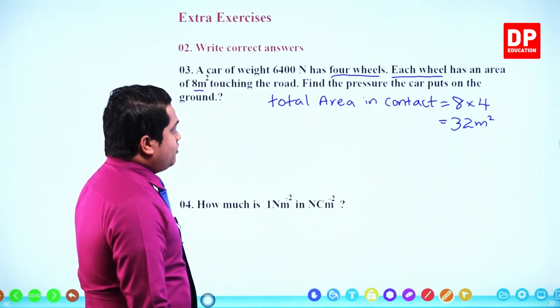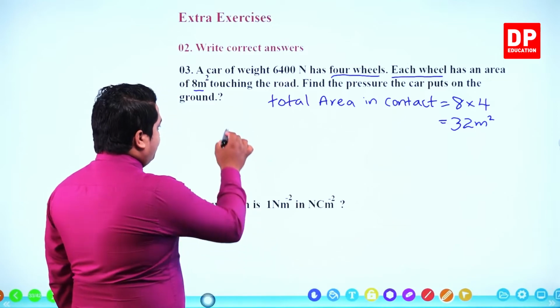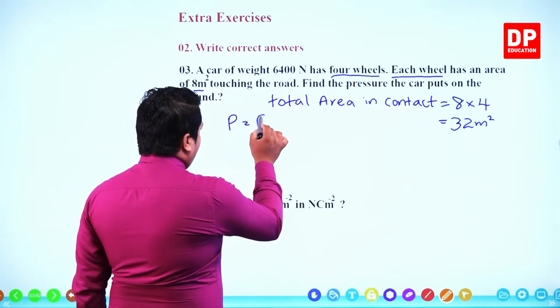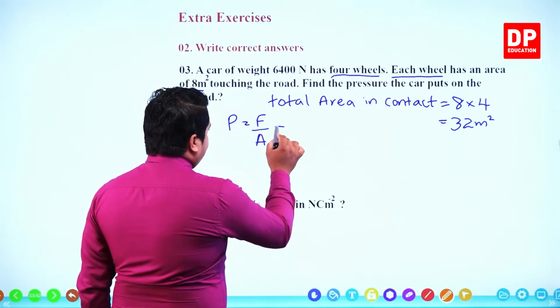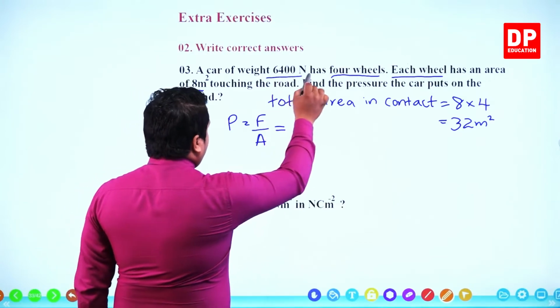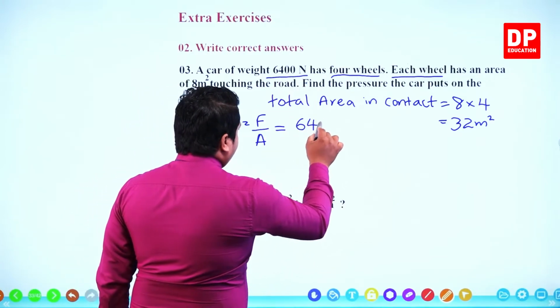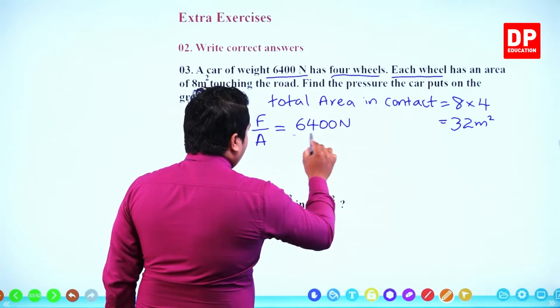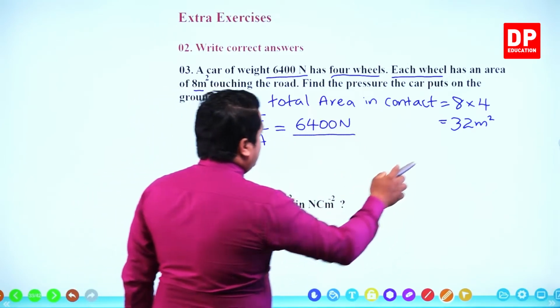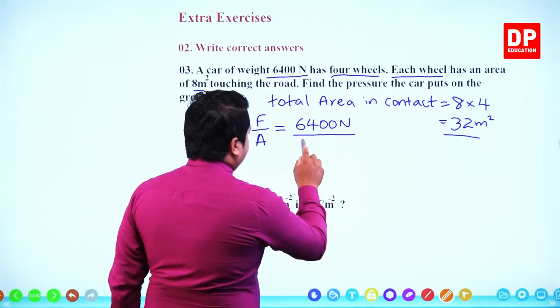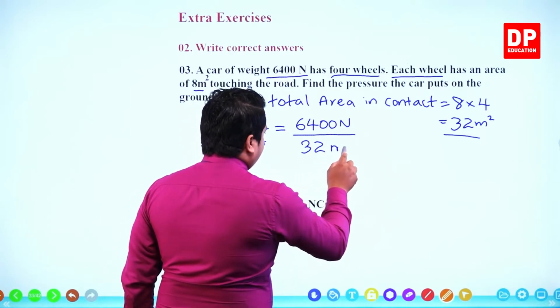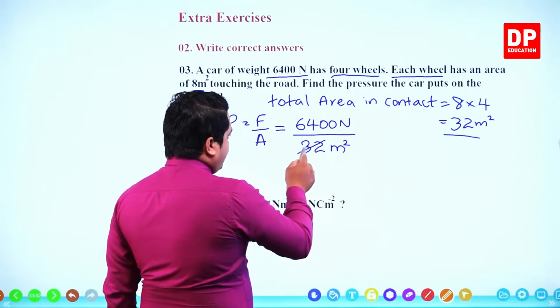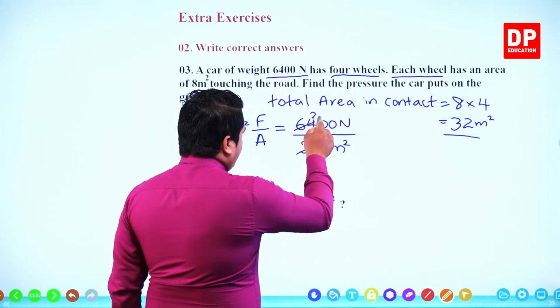Now we need to find out the pressure. So pressure is equal to force upon area. Force is given as 6,400. Area is 32. So you can cut 32 1, 64 2.